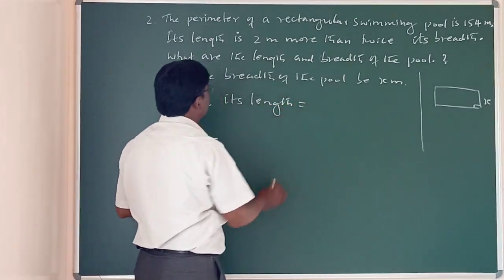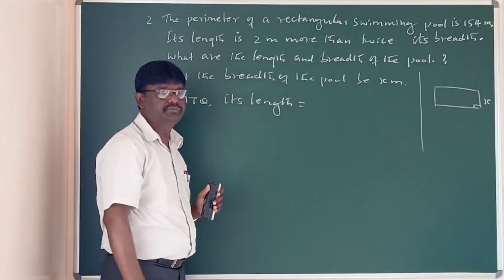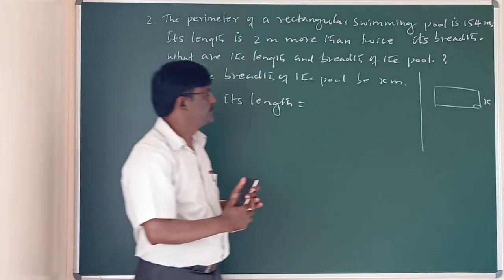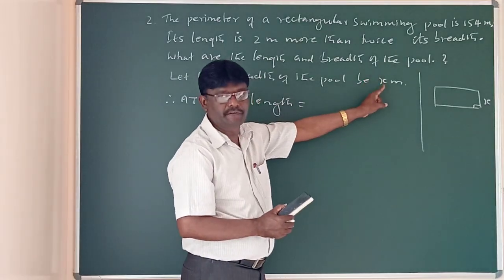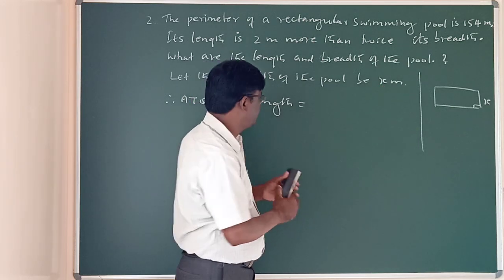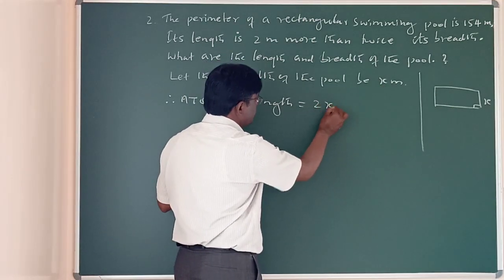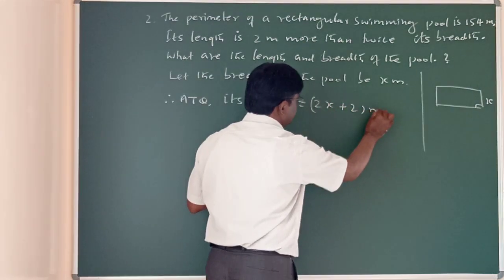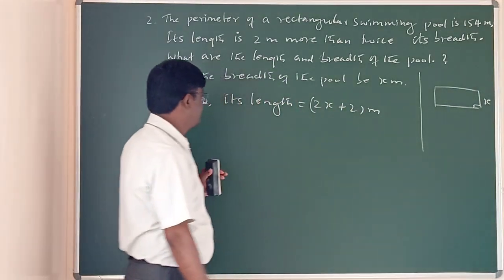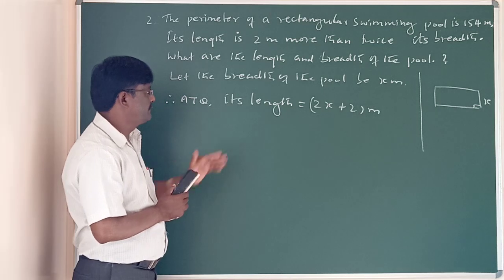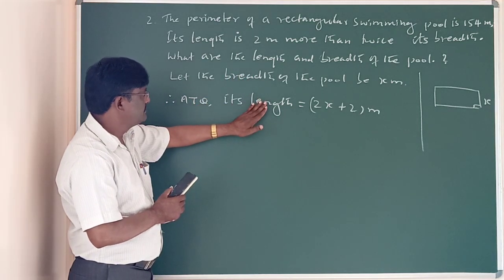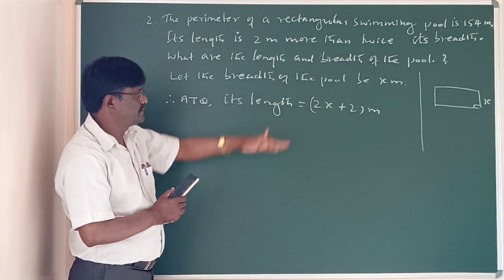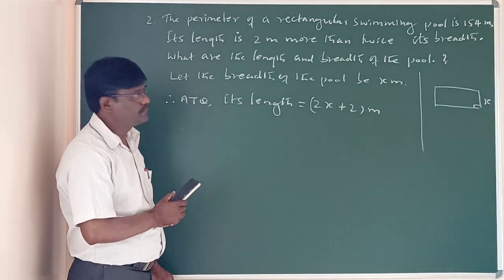Breadth is x. Twice means 2 times, hence 2x. 2 more, plus 2. This is the length. When we compare the length with breadth, we get this according to the given condition.